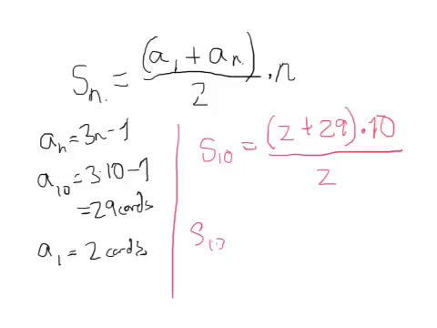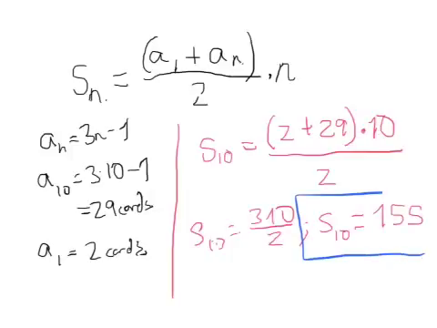Once I operate this, I'm going to get 2 plus 29, that's 31, times 10, so 310 divided by 2. So the total amount of cards I need to do 10 levels is going to be 155. And that's much easier than writing down the whole sequence and adding together.